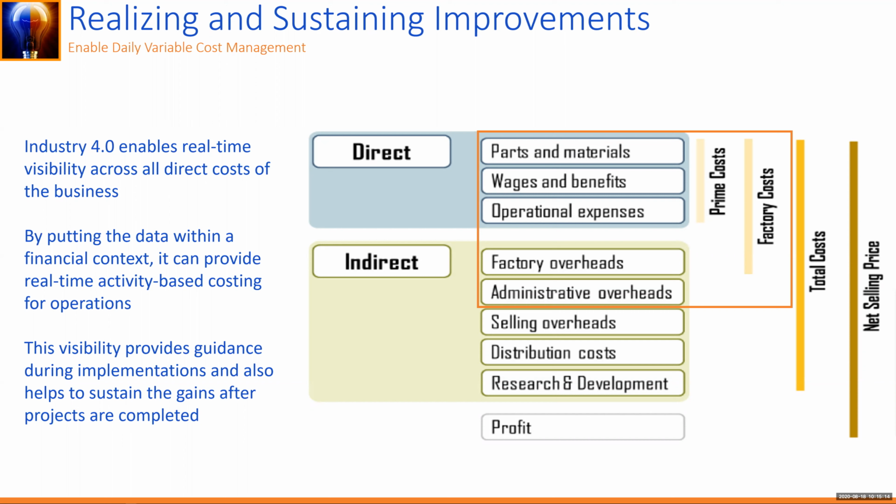But if you're doing IIoT and you're tracking the materials and the labor and the machines, you really have all of those dynamic elements within the process. You can now cost all of those elements out and create a picture in real time of how the factory is performing, not just from operational metrics, but also from those financial perspectives as well.